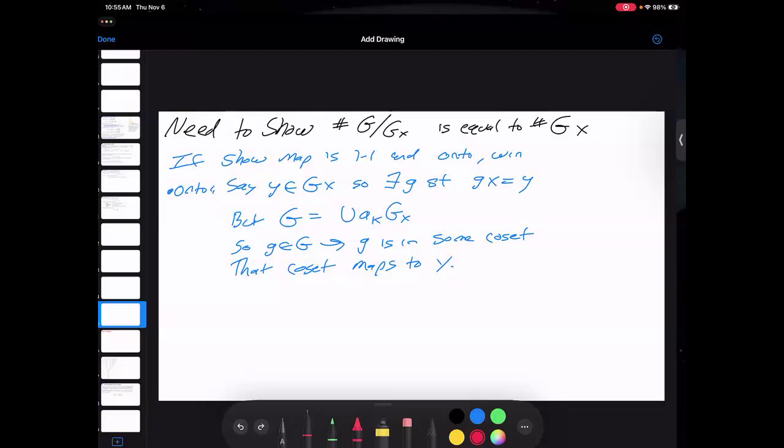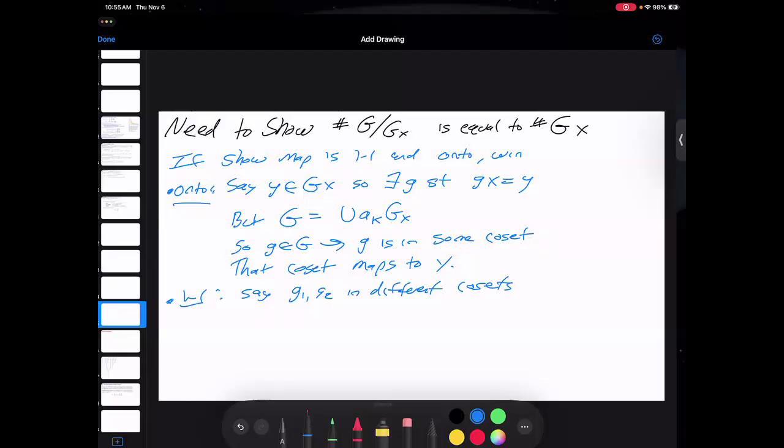Now we have to do the one-to-one. So say G1, G2 in different cosets. And we know that it doesn't matter which element I choose in a coset to figure out what the map does.